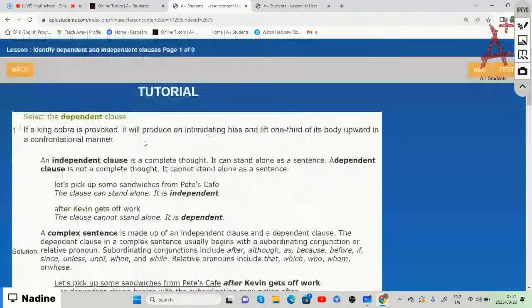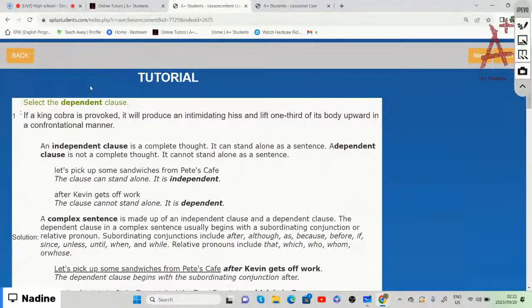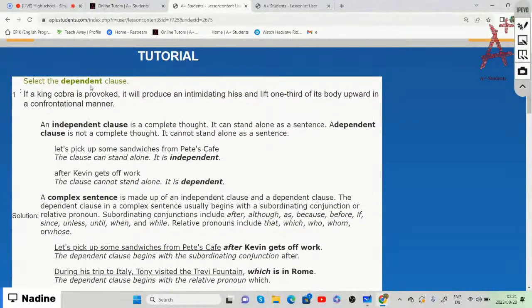All right, so now let's go to our questions or activities. Select the dependent clause. If a king cobra is provoked, it will produce an intimidating hiss and lift one third of its body upward in a confrontational manner.